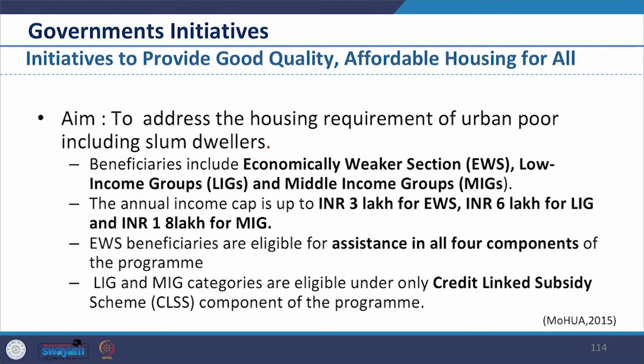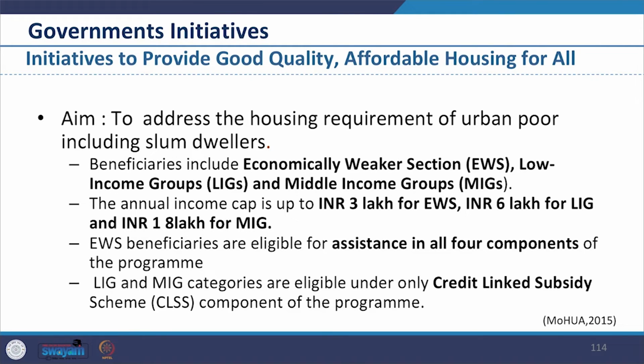Pradhan Mantri Awas Yojana in the urban area, PMAY-U, aims at addressing the housing requirement of the urban poor, including slum dwellers. Beneficiaries include the economically weaker section, EWS, low income groups, LIGs, and middle income groups, MIGs.